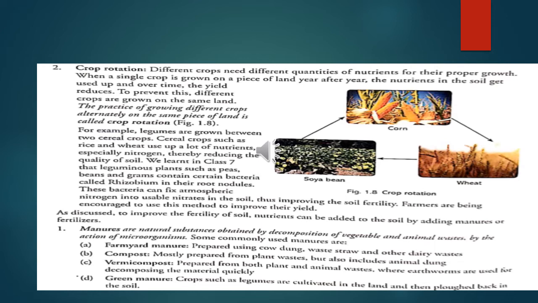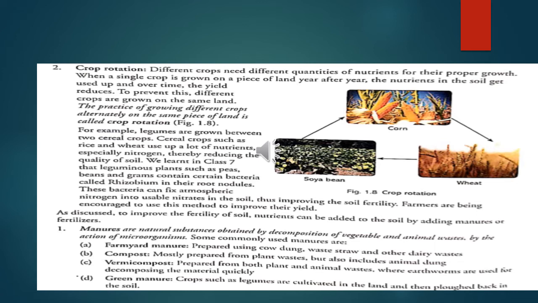As a result, nitrogen is restored in the soil, and this nitrogen can be taken by other plants. So who brings back the nitrogen? Rhizobium bacteria, present in the roots of the leguminous plant. Because of the leguminous plant, nutrition in the soil increases, and this can be used by the other two crops.